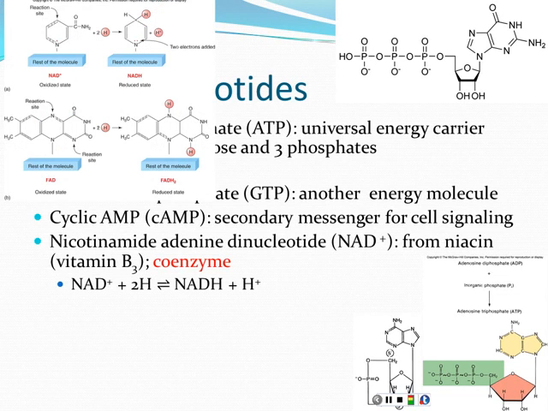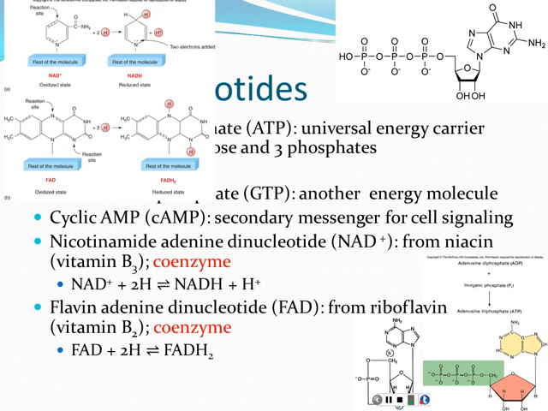And then there's these 2 coenzymes, NAD and also FAD. NAD plus is made from vitamin B3. And it is a coenzyme, and the reason why I'm introducing you to it here is, well, one, it's a nucleotide, but another thing is because it's part of our cellular respiration that we will talk about later.